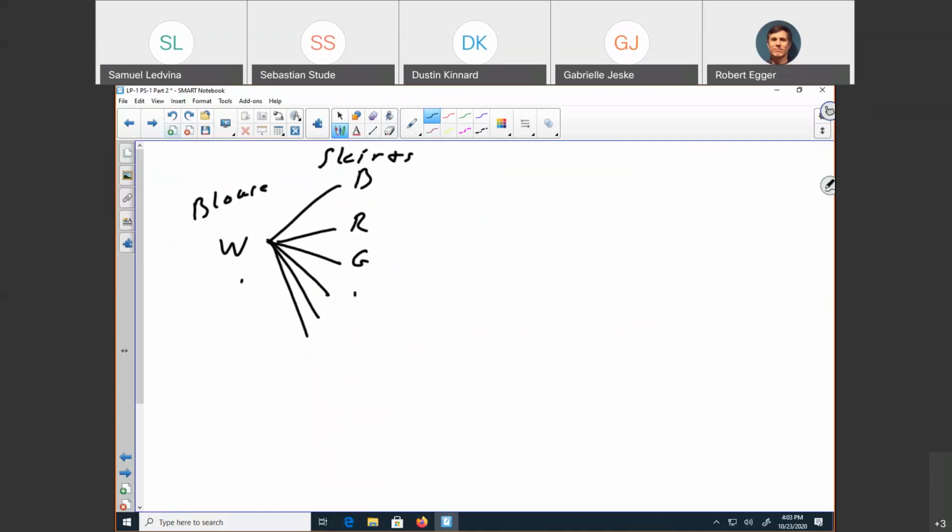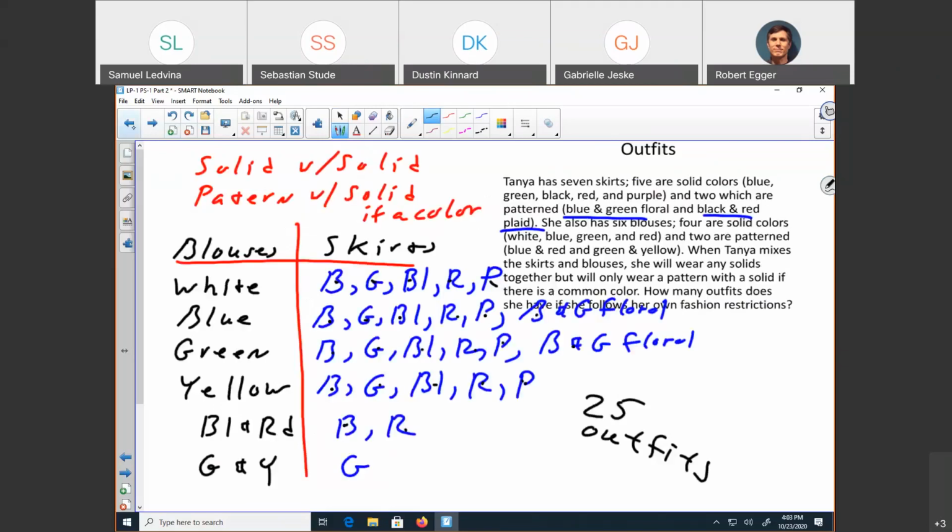One for each blouse: white blouse, blue blouse, green blouse, and so forth. You could have done it with a tree diagram too. It's all a matter of preference. But I think this qualifies as a systematic list. A tree diagram would have worked also. So yeah.